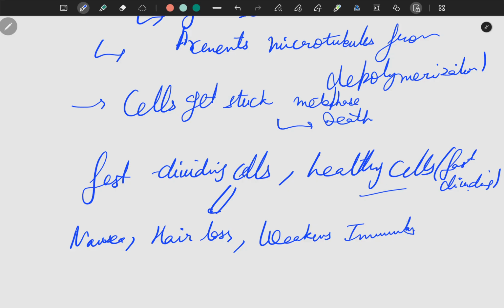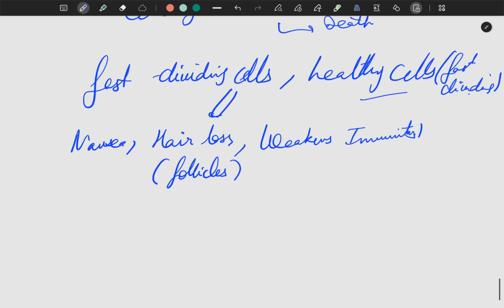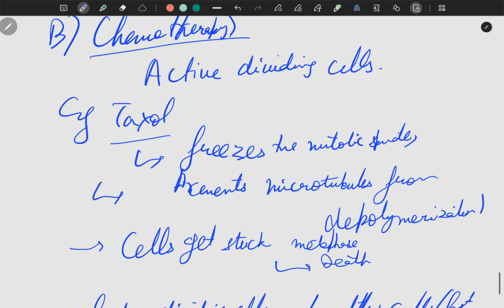Immune cells also divide very frequently, hair follicles also divide very fast, and nausea occurs because intestine cells also divide very quickly. So there is no perfect medicine that completely removes the cancer, but because of chemotherapy, it can get less.